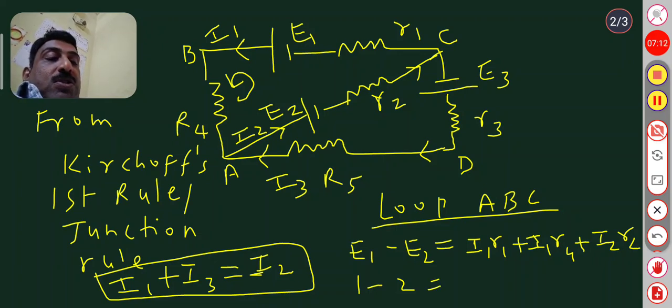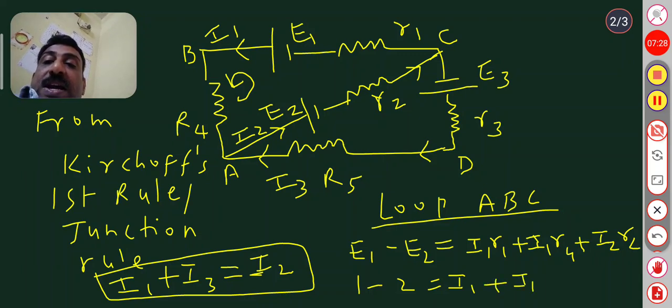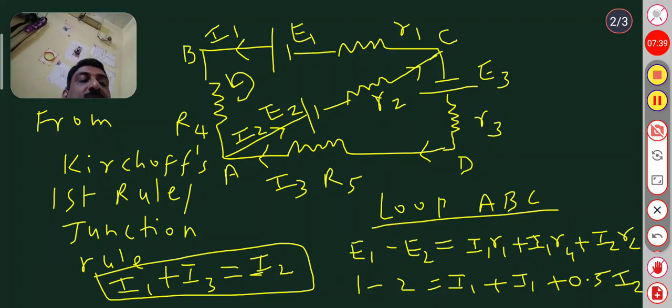R1 is 1 ohm, so that is I1 into 1, and R4 is given as 1 ohm, so 1 into I1, plus again I1, and R2 is given as 0.5, so plus 0.5 into I2.